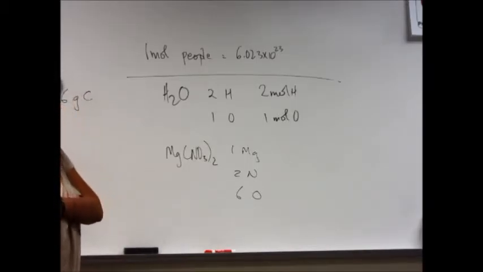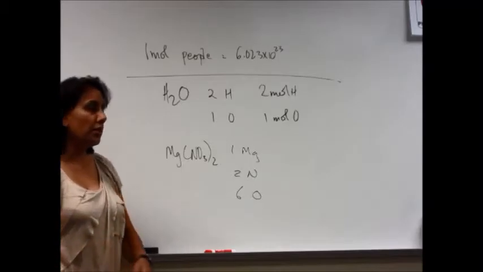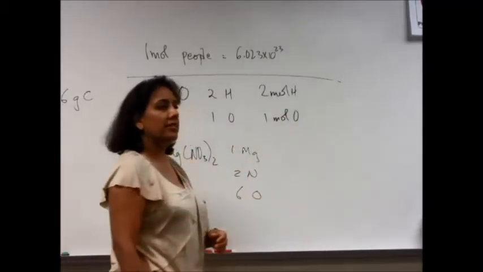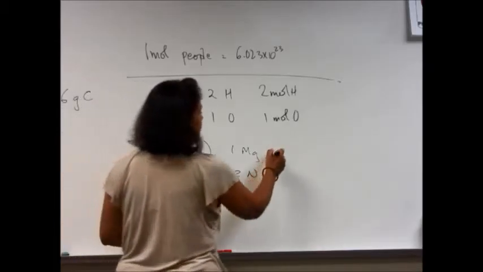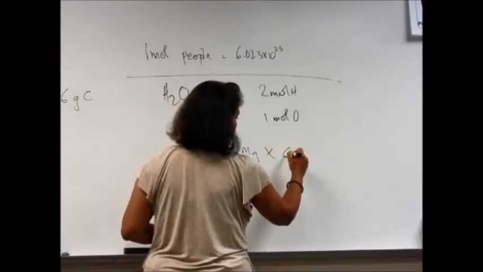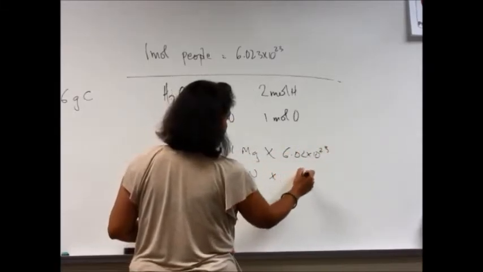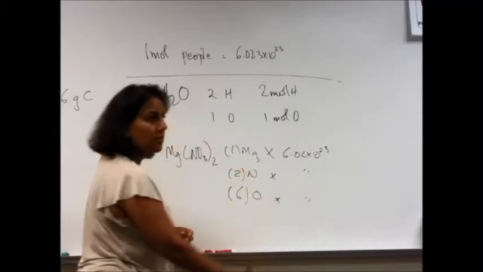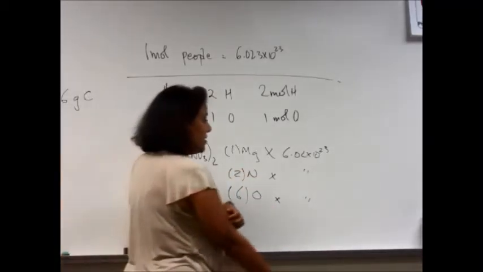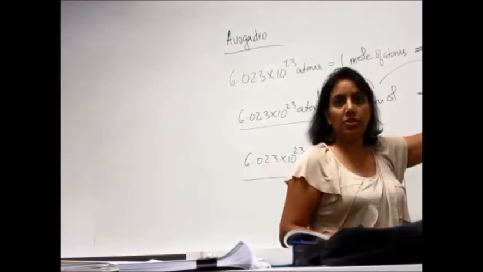If we wanted to add up how many atoms are in there, you would multiply all of those by 6.02 times 10 to the power 23, and then add them together. This is 1, and this would be the same, but you'll be multiplying by these numbers. Once you have the answer, add it.